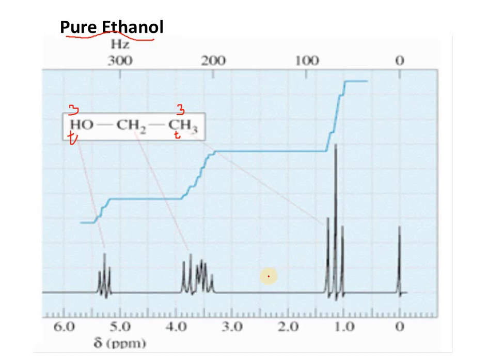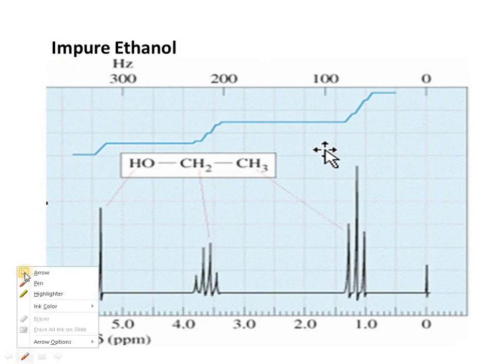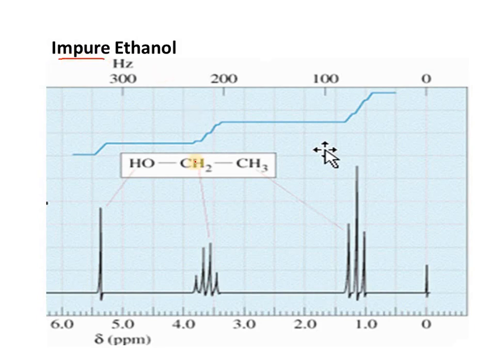But in impure ethanol, this is important, the OH proton shows its independent signal and it does not interfere with the neighboring protons, and those protons do not interfere with it.